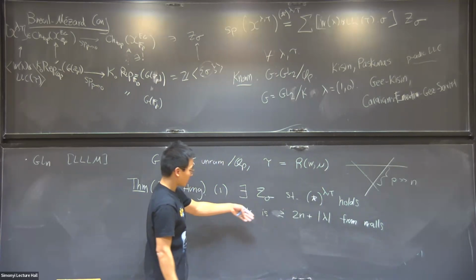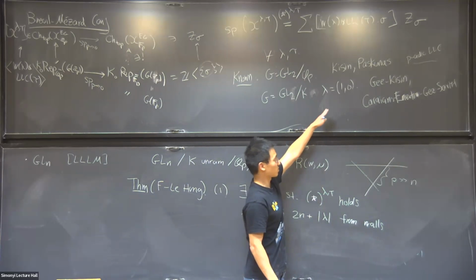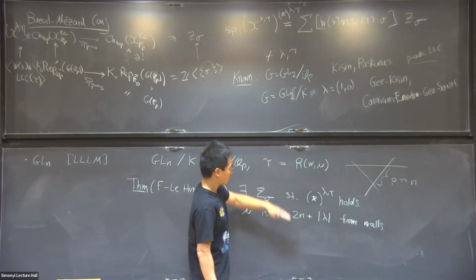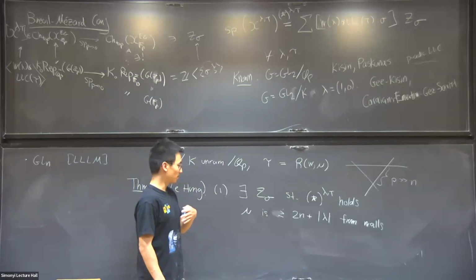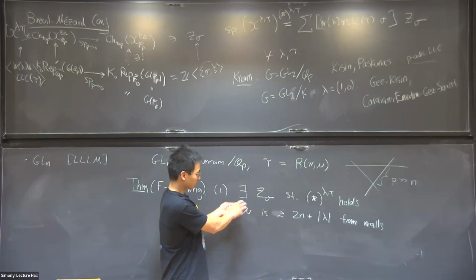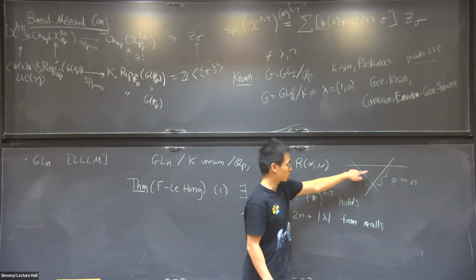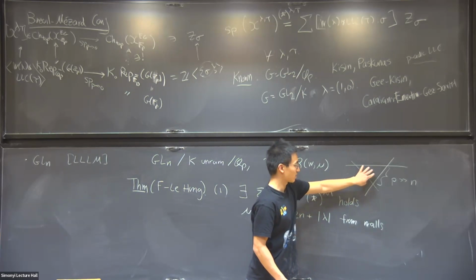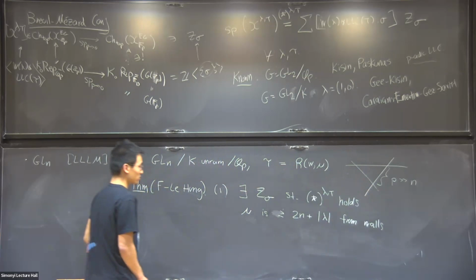You can imagine taking lambda to be very small, like this 1, 0, or maybe for GL_n, n, n-1, n-2, and so on. That's a very small lambda. In that case, you're basically saying something as long as mu is at least 2n from the walls. Or you could take lambda to be a little larger, but then mu has to be more and more away from the edge.